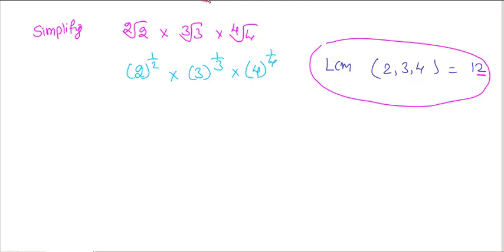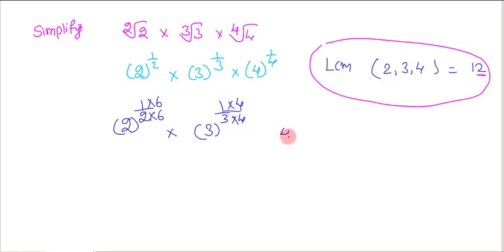To do that, we take the first surd. First surd can be written as 2 to the power of 1 by 2. Now its order is 2. So to make it 12, we need to multiply it by 6 by 6. And second surd is 3 to the power of 1 by 3. Its order is 3. So to make it order 12, you need to multiply by 4 by 4.